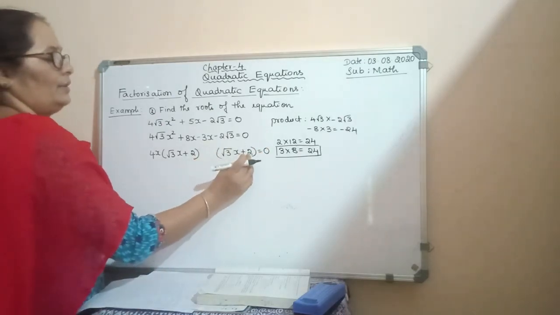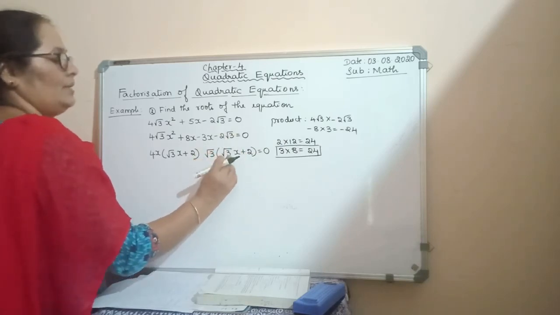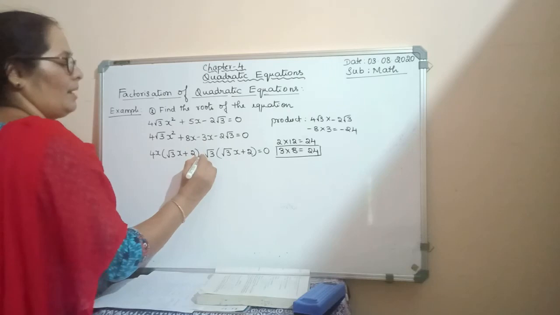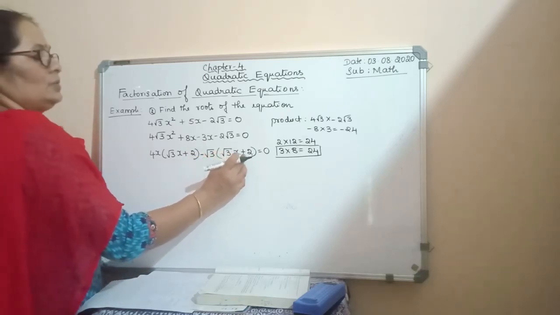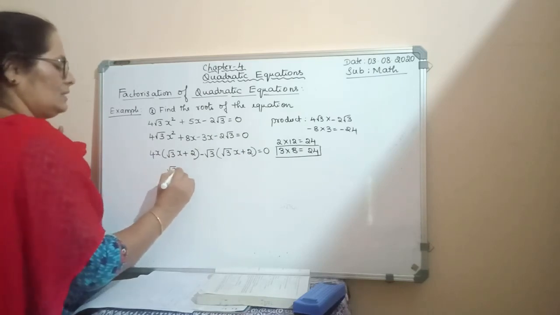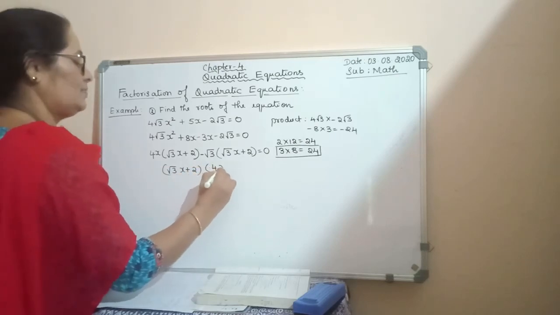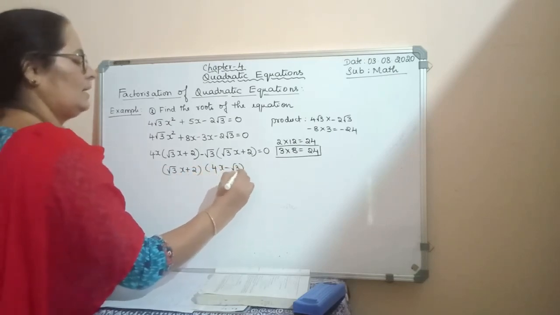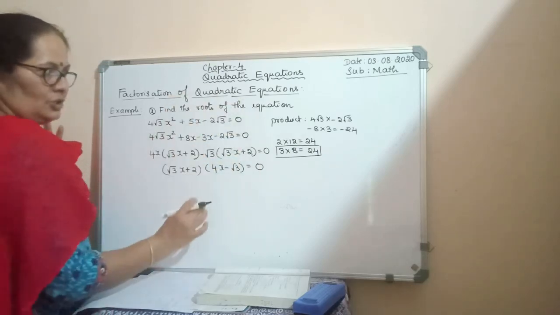See here 2, then root 3. See here root 3 into root 3 is 3. So minus root 3 into root 3x plus 2. Now root 3x plus 2 and 4x minus root 3 are the two factors of this equation.